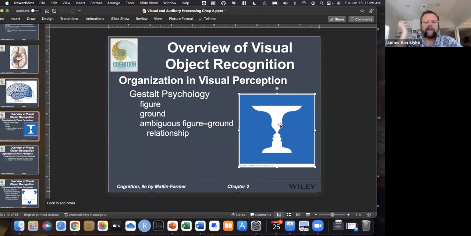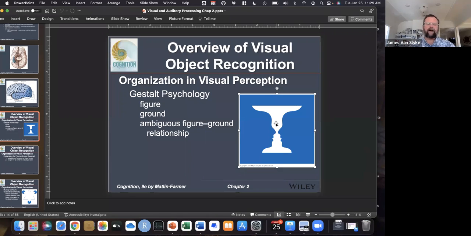We kind of make the blue the ground and the white our figure, but then because the object looks so similar to a face as well, you can have what's called a Gestalt switch, to where suddenly what was the ground becomes the figure, which is these two faces, and then the white becomes the ground.